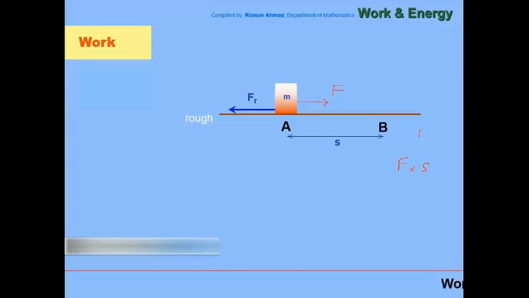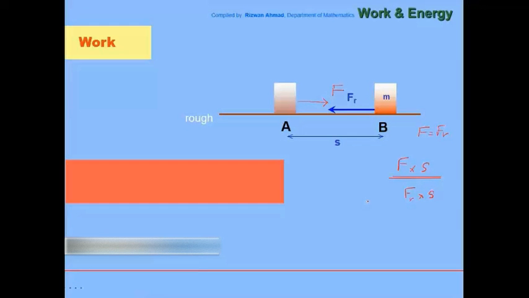Since we know that F is equal to Fr, it means that the work done will be the resistive force times the distance, but it will be the work done against the friction. Whenever the force is opposite to the direction of motion, we'll say it is the work done against that friction, against that force.